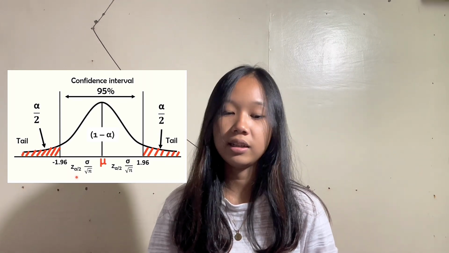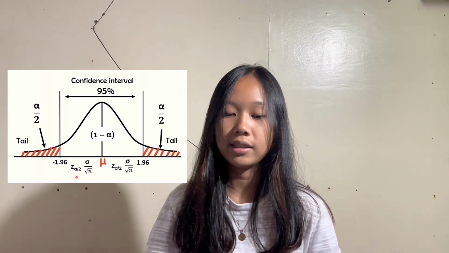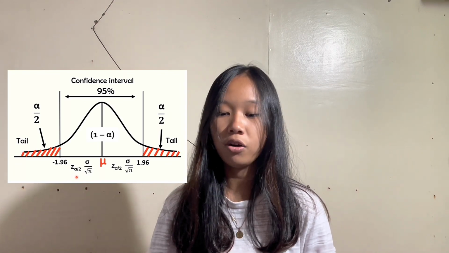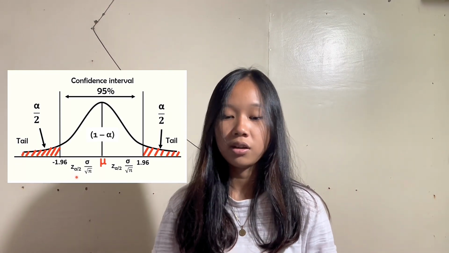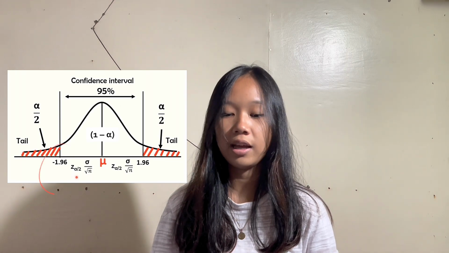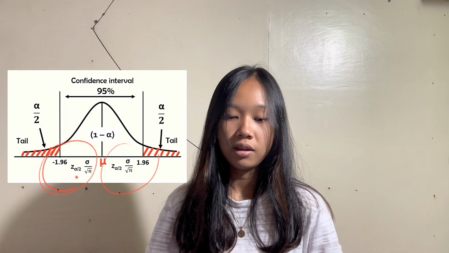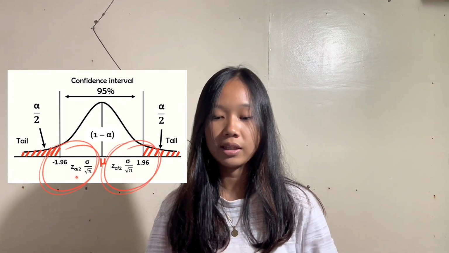So to get the length of the interval, it is Z alpha over 2 times the lowercase sigma, that is the population standard deviation, over the square root of n. So what's on the left side is the same as the right side, so our formula is times 2.